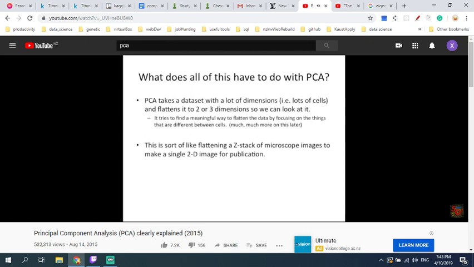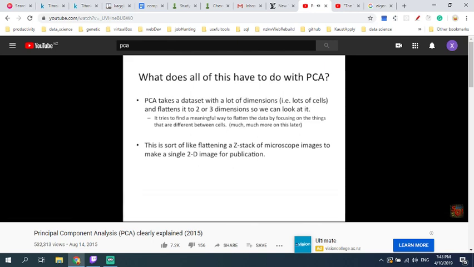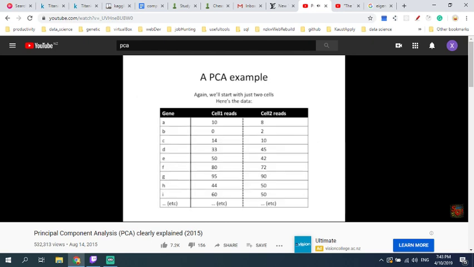It tries to find a meaningful way to flatten the data by focusing on the things that are different between the cells. We're going to talk a lot more about this later. For any biologists out there, this is sort of like flattening a Z-stack of microscope images to make a single two-dimensional image for publication.